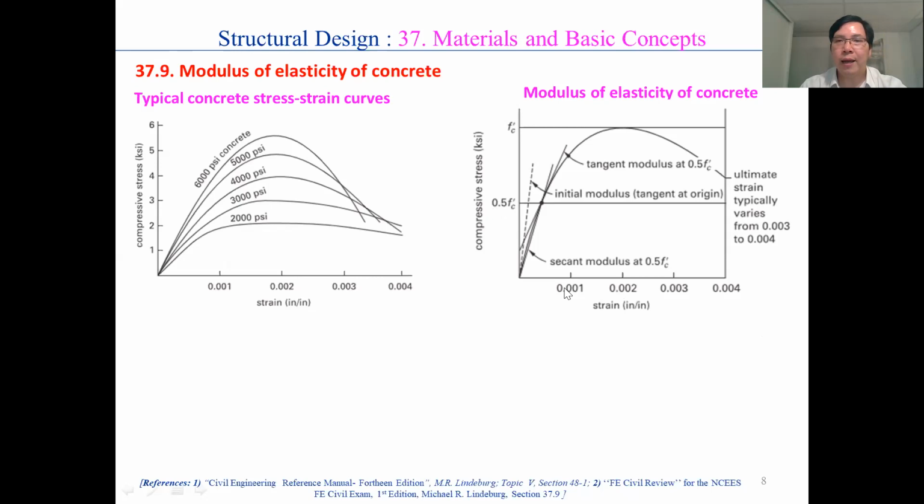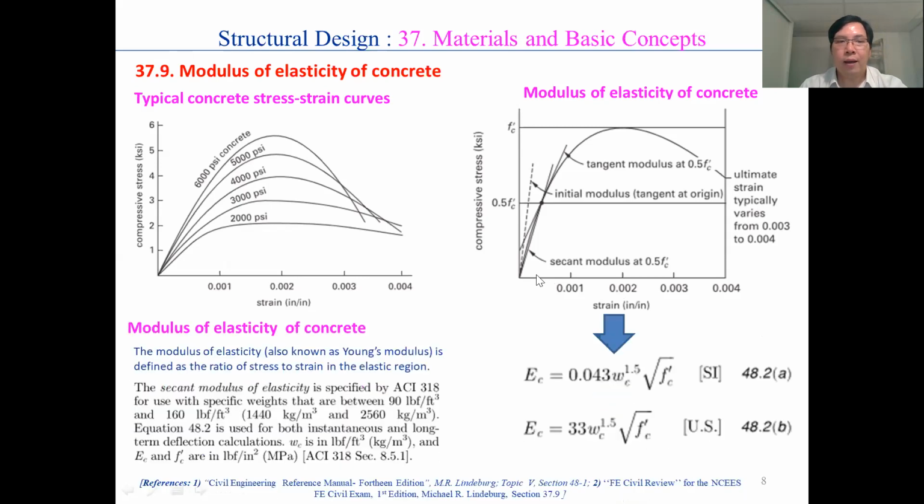And you can see that there are different moduli, and the modulus of elasticity of concrete is defined as the ratio of stress to strain in the elastic region. And you can see in the ACI 318 the definition of the secant modulus of elasticity.